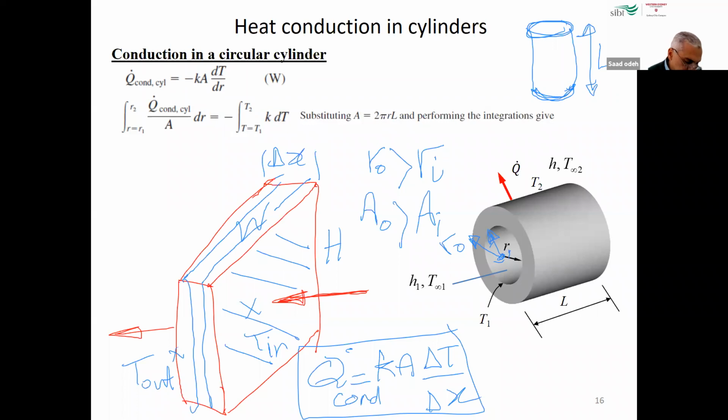For each R, we have a different area. That's why the outer area is different from the inner area, and therefore we cannot use the same equation for heat transfer by conduction as for walls. We should make some modification based on the change in area.